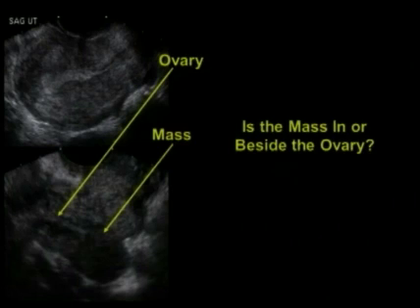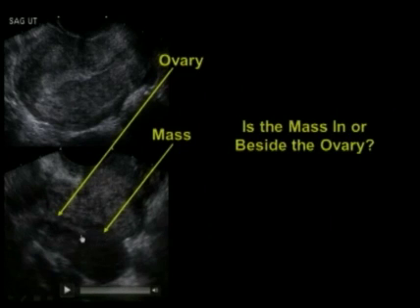Here's another similar case. A woman had an ultrasound for pain and a positive pregnancy test. As you can see in the upper image, there's the uterus, nothing in it. And in the adnexa, this thing looks like the ovary.